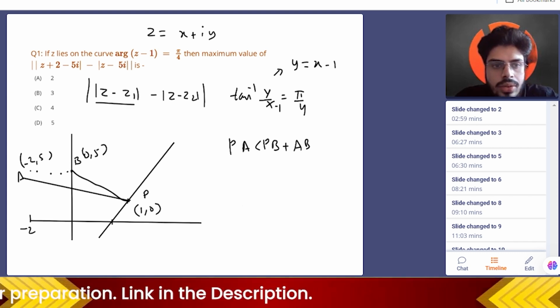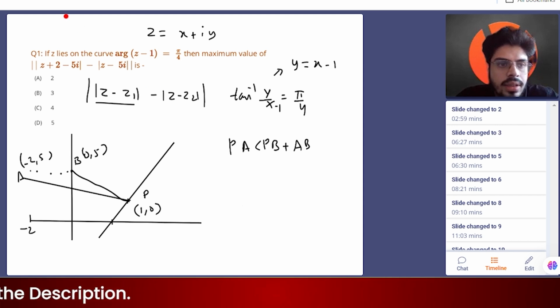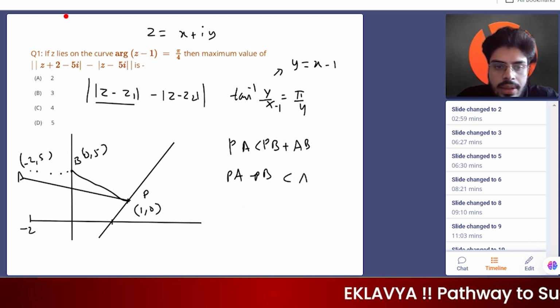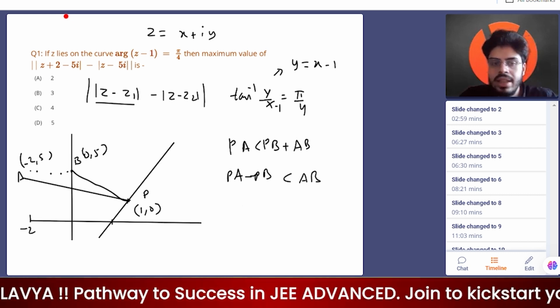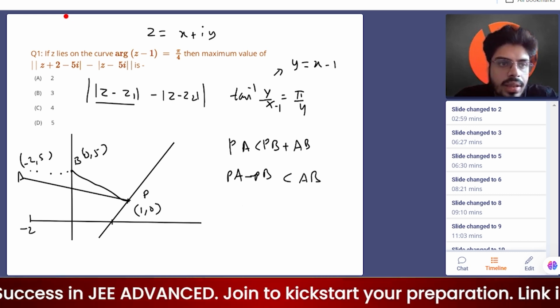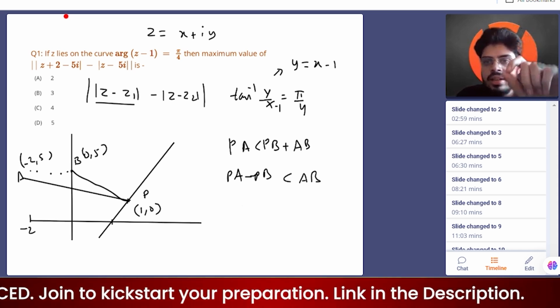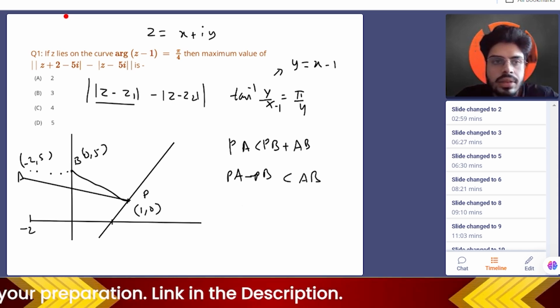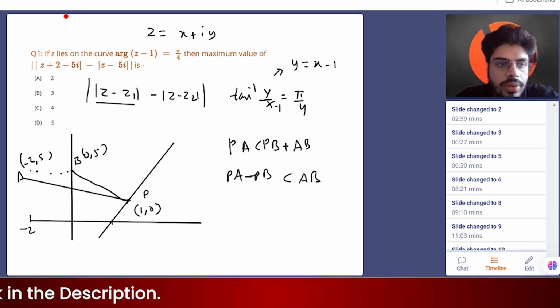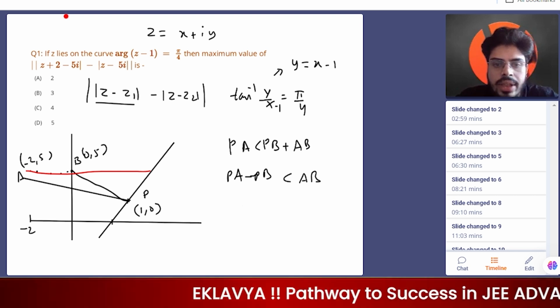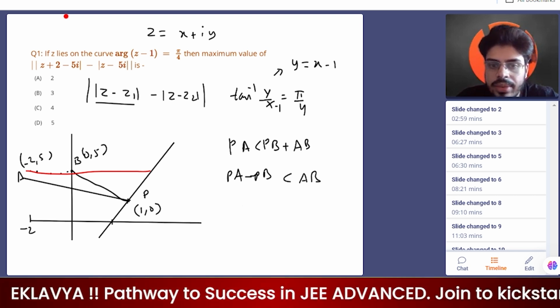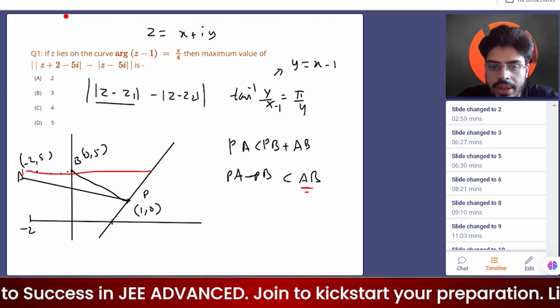So PA minus PB should be less than AB. But when all 3 points are collinear, the triangle is no longer formed, so it will form a straight line like this. At that point, you will find the maximum value of PA minus PB, and that will be AB only.